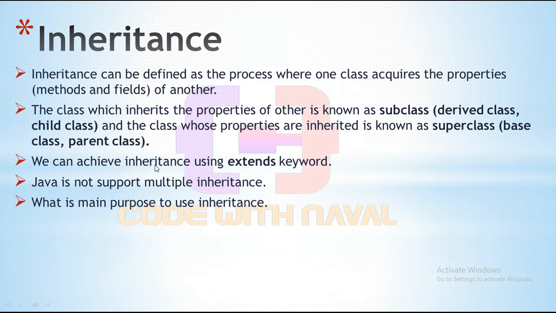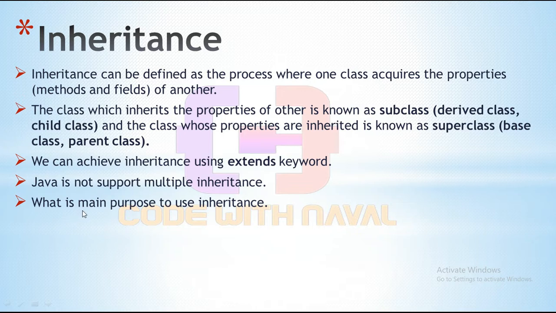We can achieve inheritance using the extends keyword. We already saw the 50 keywords present in Java, and one of those keywords is extends. We use that keyword to perform inheritance. Java does not support multiple inheritance, and we will see why.